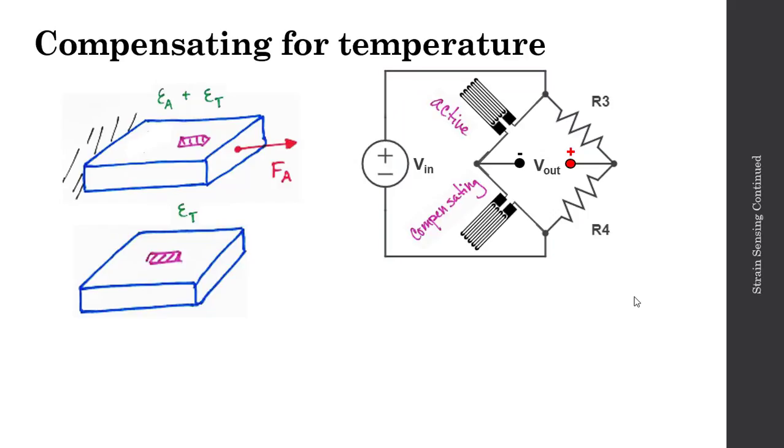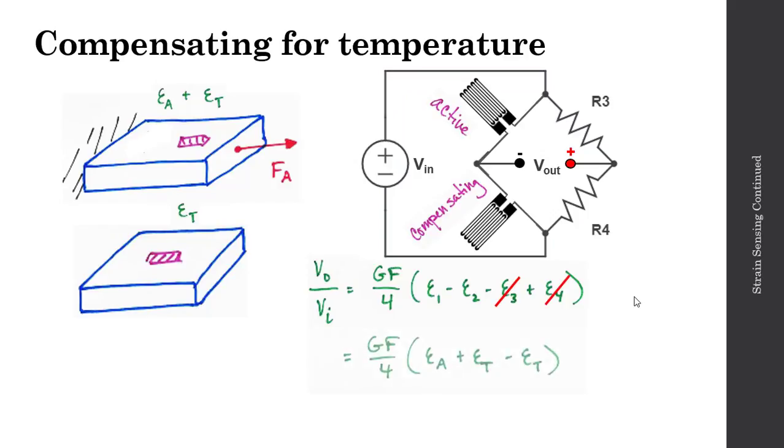Let's take a look at my transfer function, my ratio of my output to input voltages. Here I'll start with the description of a full bridge, and we'll just set strain 3 and 4 equal to 0. So I end up with V out over Vi is equal to the gauge factor all over 4 times the quantity epsilon sub 1 minus epsilon sub 2.